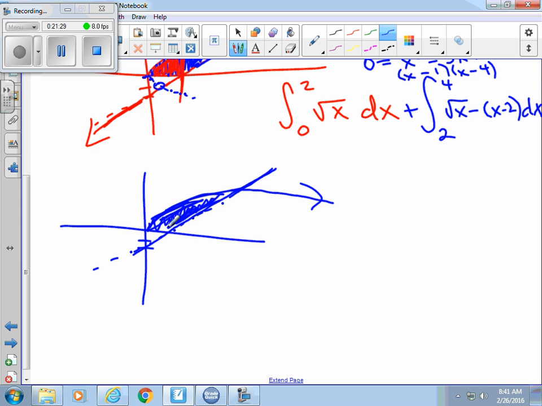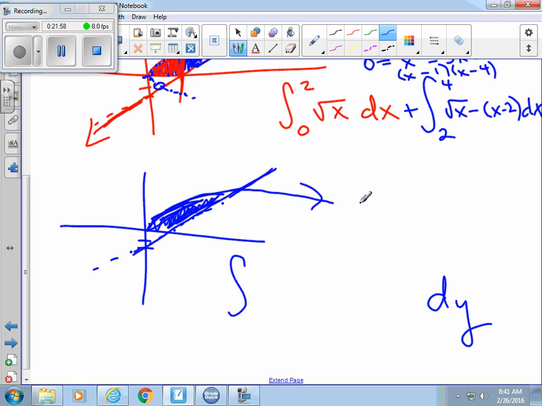So maybe we could integrate with dy as our variable, with the top curve being the right-hand curve and the bottom curve being the left-hand curve. Would you agree we would have to have the variable being y?